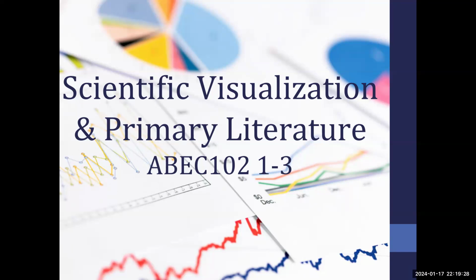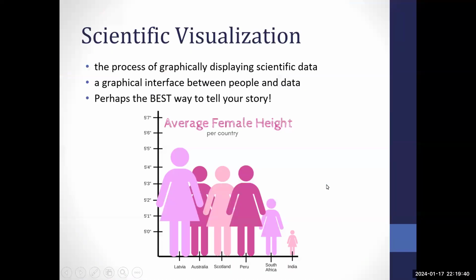We have a lot to talk about, including scientific visualization and primary literature. So what is this scientific visualization? Well, when I say that, you probably think about graphs and tables, and that's exactly what I'm talking about. We like to graphically show our data in various ways, and that helps us to convey our information to a variety of audiences.